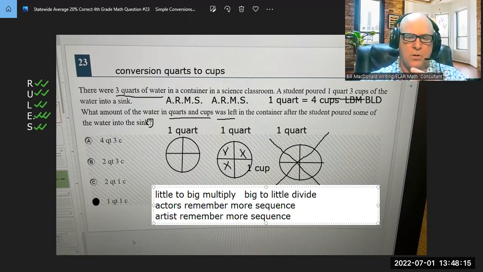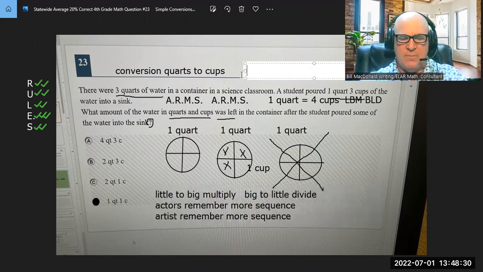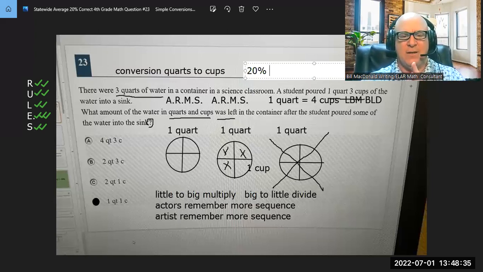So using your arms to help you understand problems like this, because in my opinion, whatever we were teaching the kids that caused them to get 20% correct in the whole state, it was probably too difficult of a way to teach it than this way that says, you know what, if I just draw a picture, it makes it a lot easier to understand. So do me a favor, I'm going to clear all my drawings.